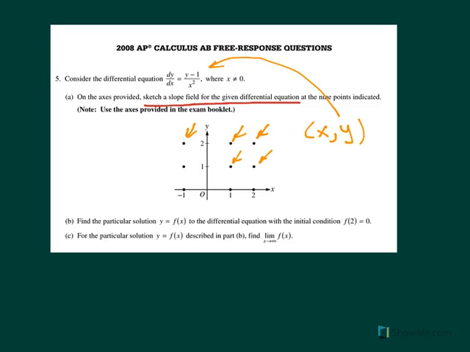So if we just went ahead and chose a point, let's say we wanted to work with this ordered pair, so we're at -1 comma 2. So for this one, we're going to compute dy/dx such that we're at ordered pair -1 comma 2.